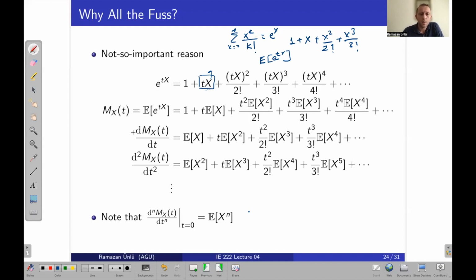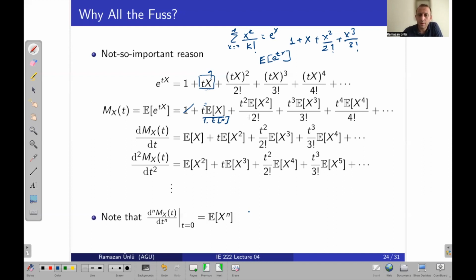So let's take the derivative of the moment generating function. This first term will vanish, and for this one we will end up with the expected value of x, because that is 1 times the expected value of x.